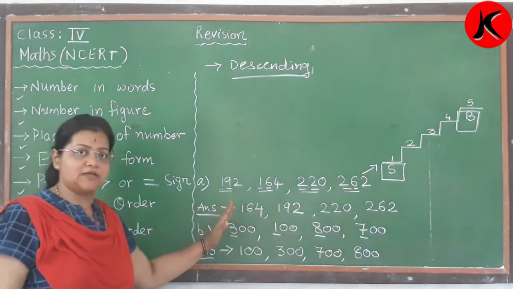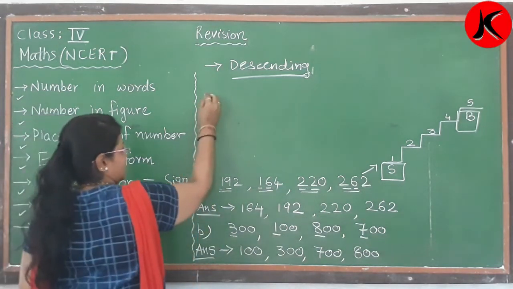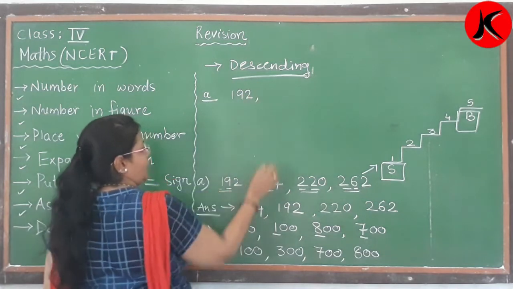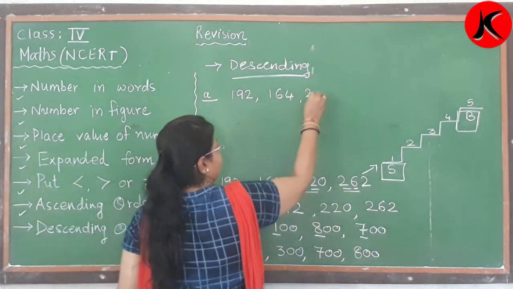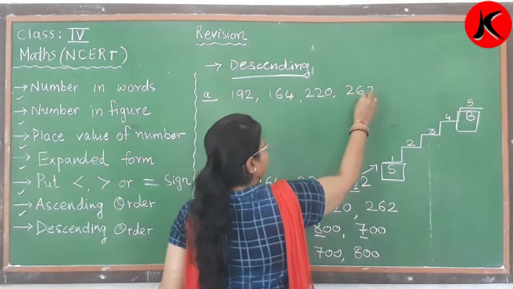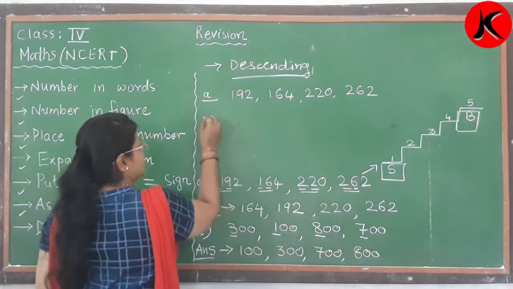So same numbers I am going to take here because it's easy to learn. So here first one is 192, 164, 220 and 262. We have to arrange these numbers in descending order.